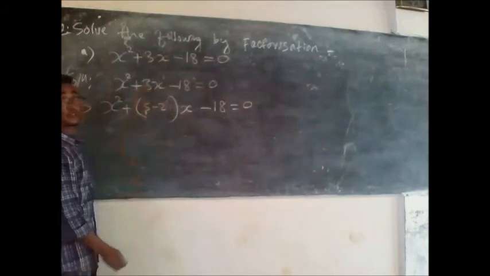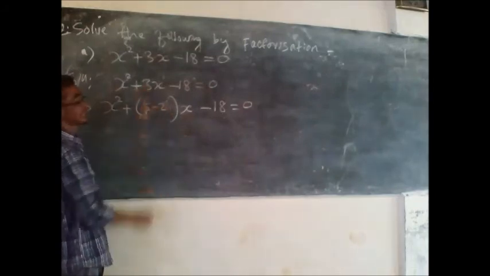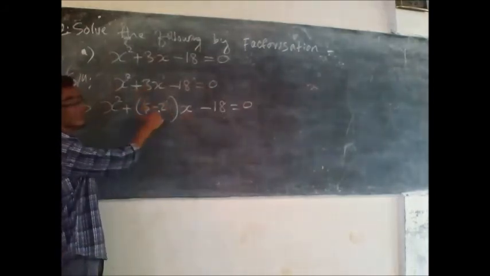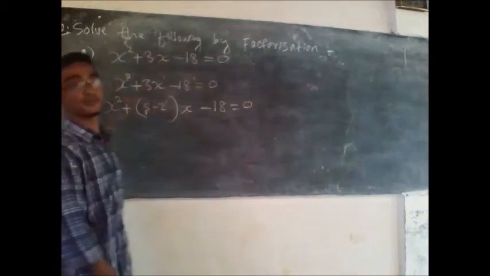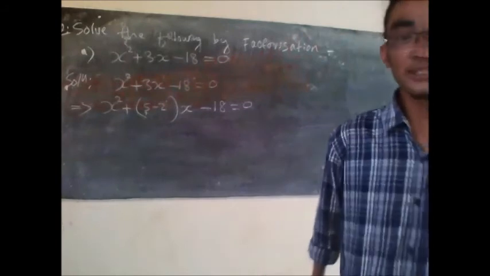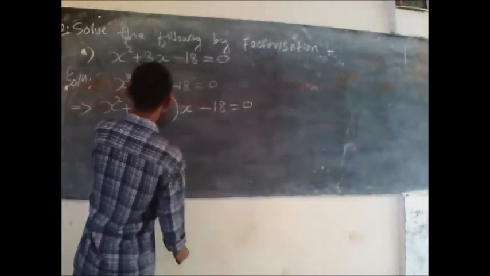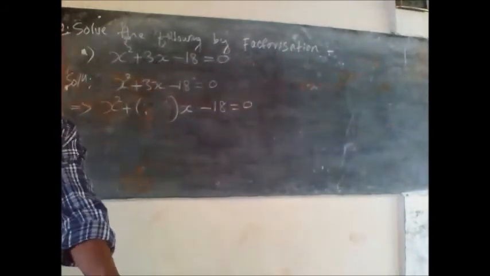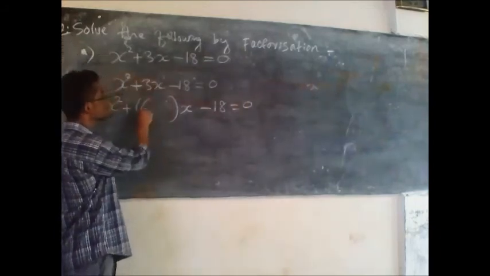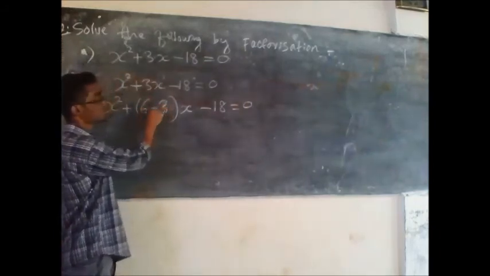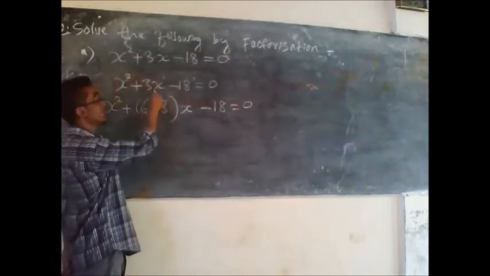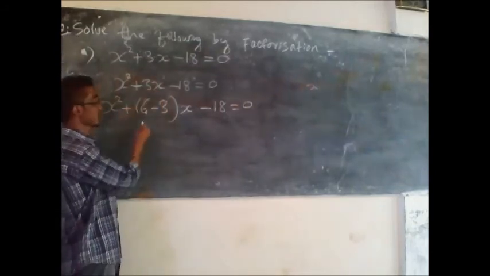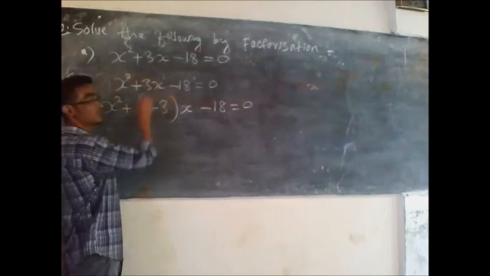The two numbers are 6 and minus 3: 6 minus 3 equal to 3, and 6 multiply minus 3 equal to minus 18.